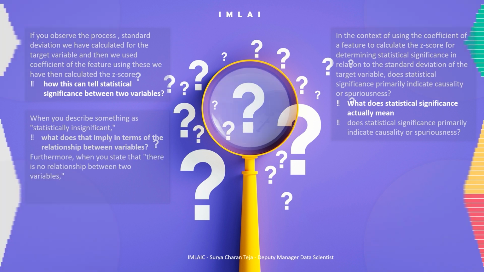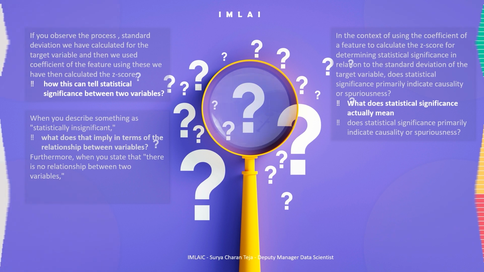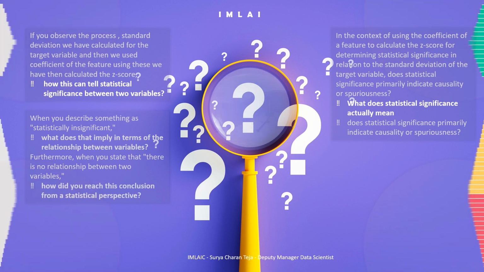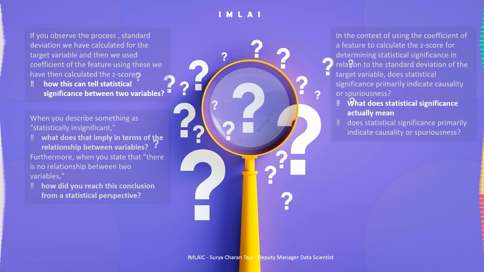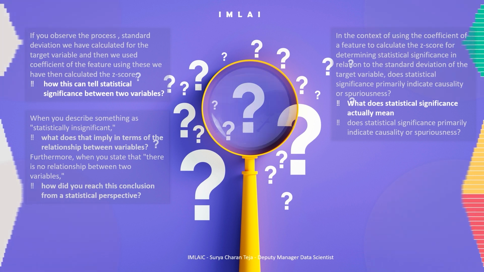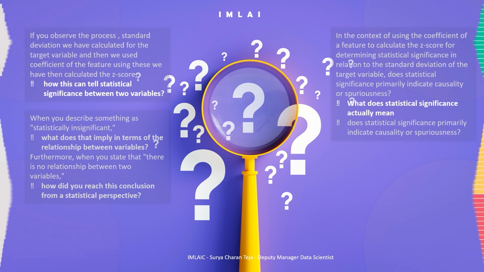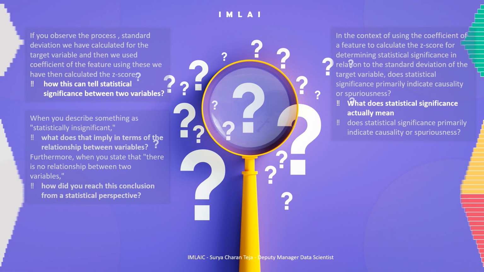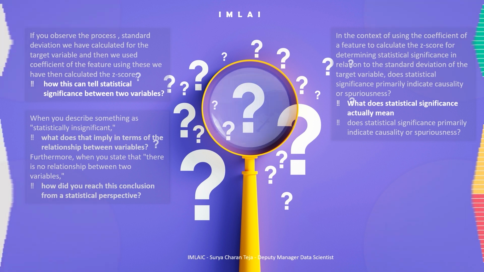Furthermore, when you state that there is no relationship between two variables, how did you reach this conclusion from a statistical perspective? How can you tell? How can a p-value tell there is no relationship between two variables?